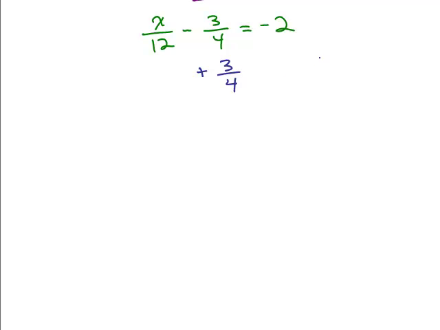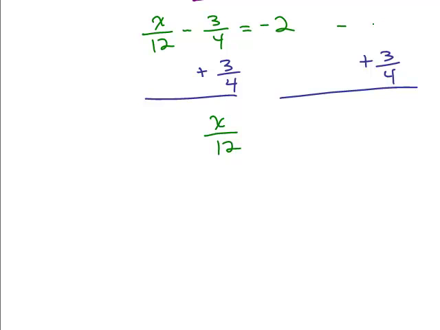And I'm going to put the plus 3/4 over here, because it's hard to do -2 plus 3/4. I might need to get a common denominator. So on the left-hand side, I'll have x over 12, right? But on the right-hand side, I have to do -2 plus 3/4. So I'm going to get a common denominator.